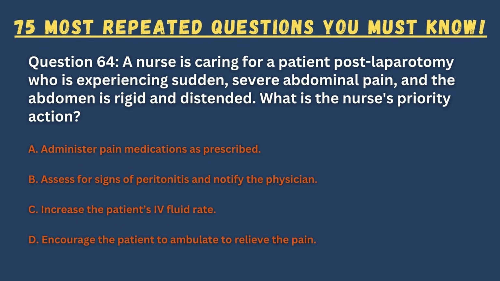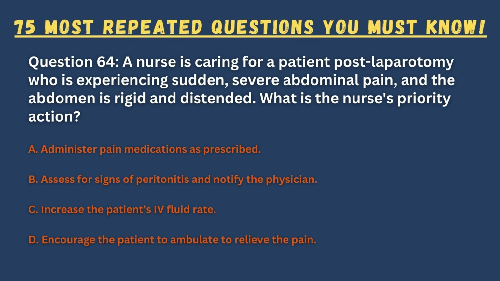Question 64. A nurse is caring for a patient post-laparotomy who is experiencing sudden, severe abdominal pain, and the abdomen is rigid and distended. What is the nurse's priority action? A. Administer pain medications as prescribed. B. Assess for signs of peritonitis and notify the physician.